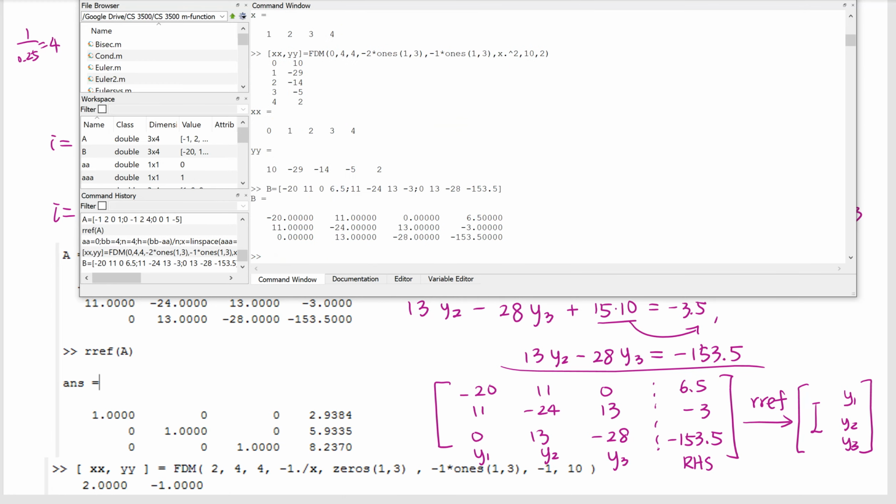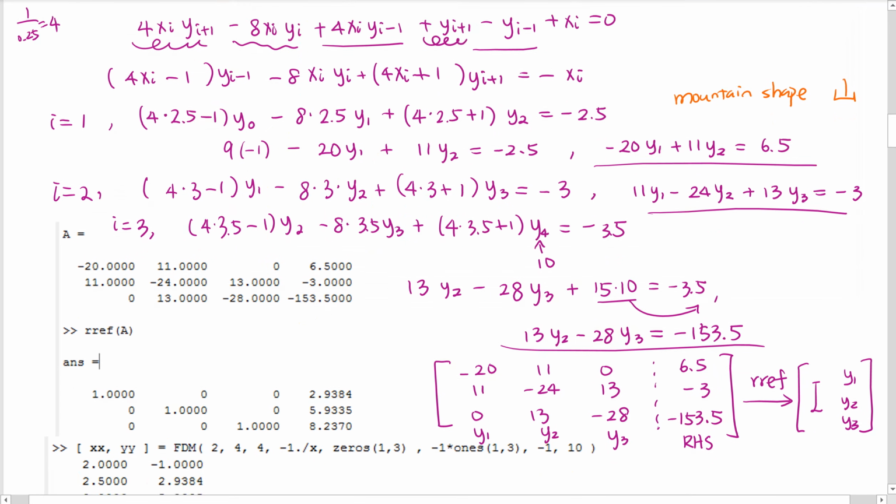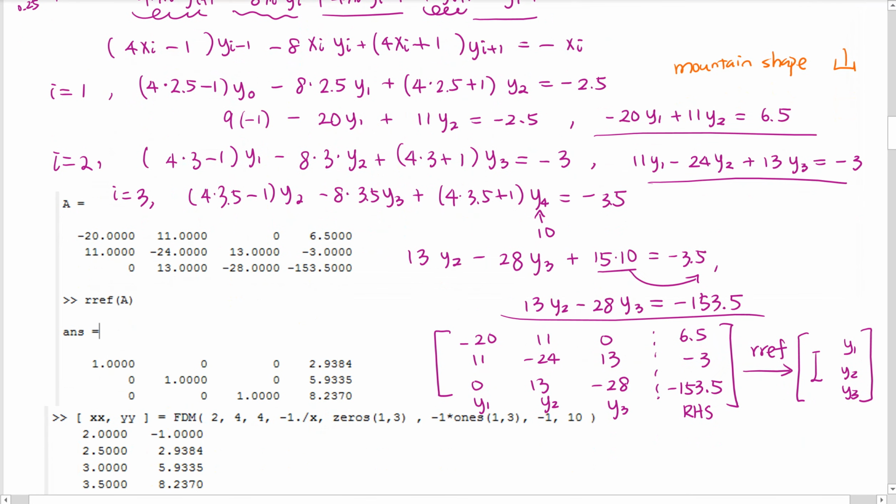Okay, so this is B, and we want to do the reduced row echelon form of it. See? So this is the answer we get, and actually I already printed the screen here. So we get our y1, this is our y1, this is our y2, this is our y3. So far so good, everybody? Yes, so that is our answer.